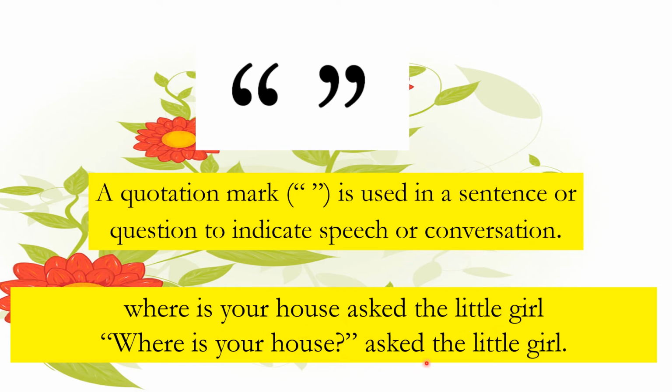So the little girl is asking someone in a conversation. So you put the quotation mark here and also here, after the end of the question or the end of the conversation. Look at the round red circle I put there: the first quotation and the second quotation. Okay, next one.